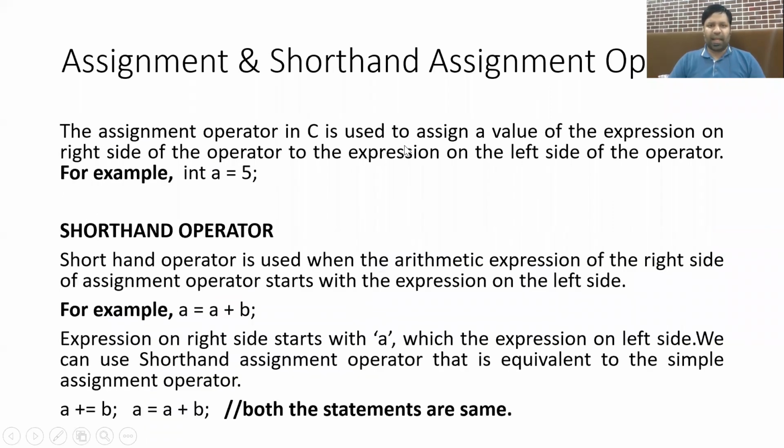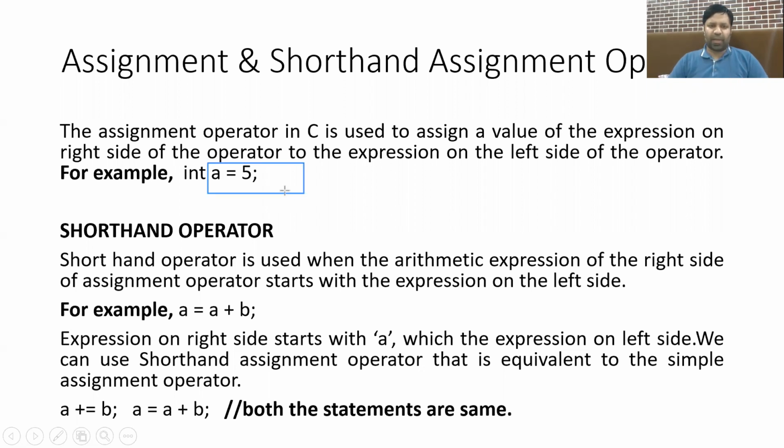The next we have is the assignment or shorthand assignment operator. Now what is an assignment operator? The assignment operator is used to assign the value of the expression on the right hand side of the assignment operator to the expression on the left hand side of the operator. So here you can see in this example, A is equal to 5.